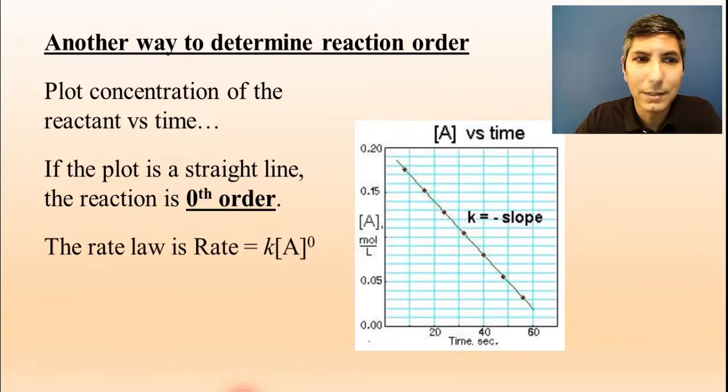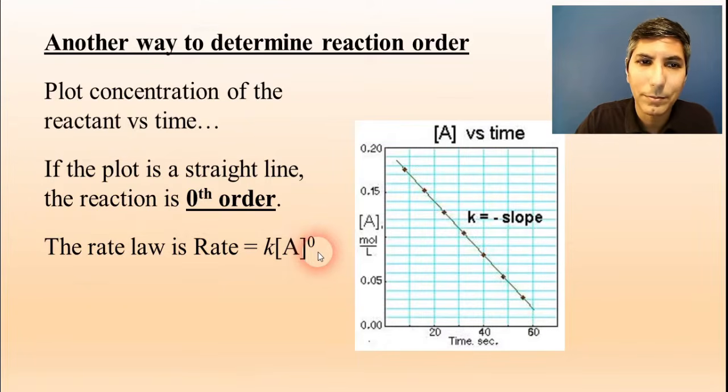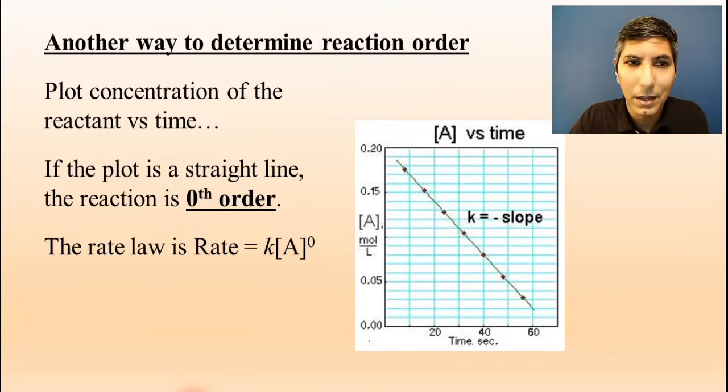Now, if that's the case, then the rate law is going to be rate equals K times the reactant raised to the 0 power. Now, you probably know that anything raised to the 0 power is just equal to 1, which means rate equals K. And so the rate is just whatever the rate constant is.